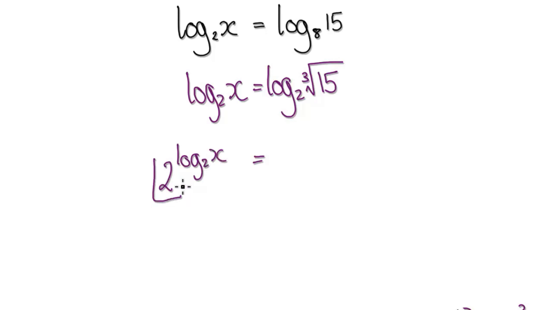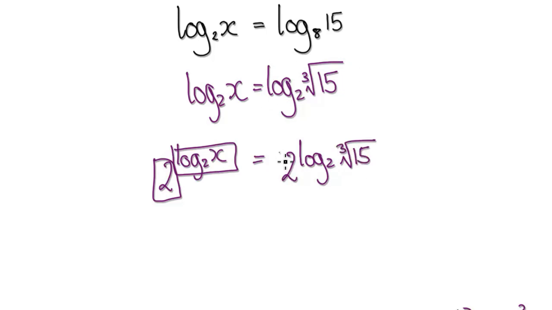So that's 2 to the power of this whole thing here. And then do the same over here, 2 to the power of this whole thing here. So that would be log base 2 of the cube root of 15. And in a way, these two cancel each other out. That will then give us x, and then that would be the cube root of 15.